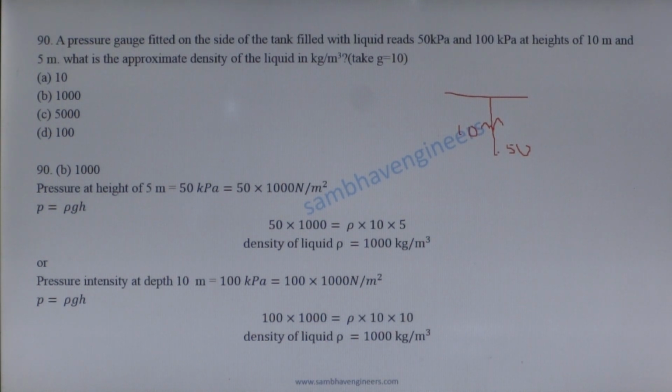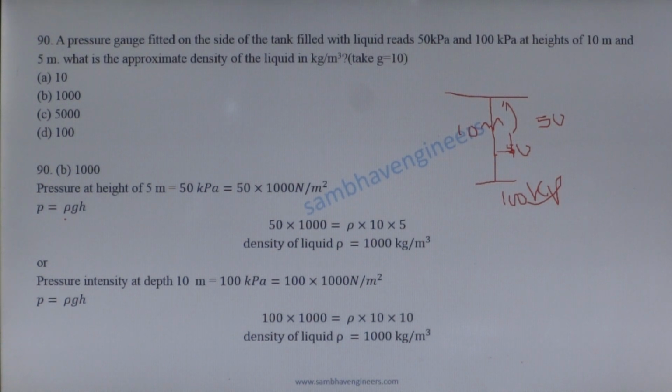At a depth of 10 meter, the pressure is 100 kPa and at depth 5 meter, pressure intensity is 50. Either of the given data can be used to find out the value of pressure intensity.